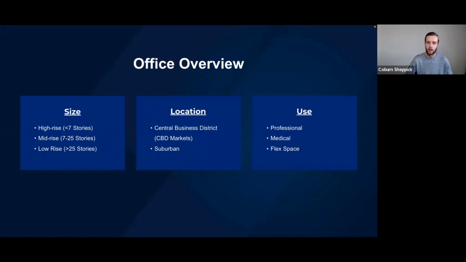These would be Manhattan, San Francisco, downtown LA, downtown Phoenix. That's where you'll see high-rise and mid-rise buildings. Once you go out to the outskirts of those CBD markets into suburban areas, I'm in Phoenix, so if you were in Chandler or Scottsdale, you're not going to see very many high-rises. You might see one, very few, one or two or three in different markets, but typically they're going to be low-rise or mid-rise, usually under 7 stories.